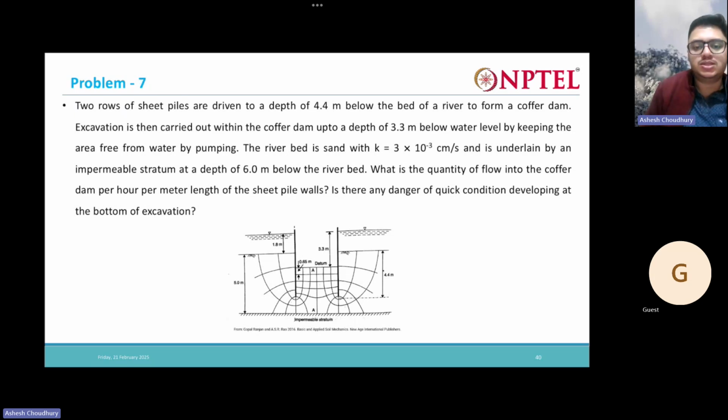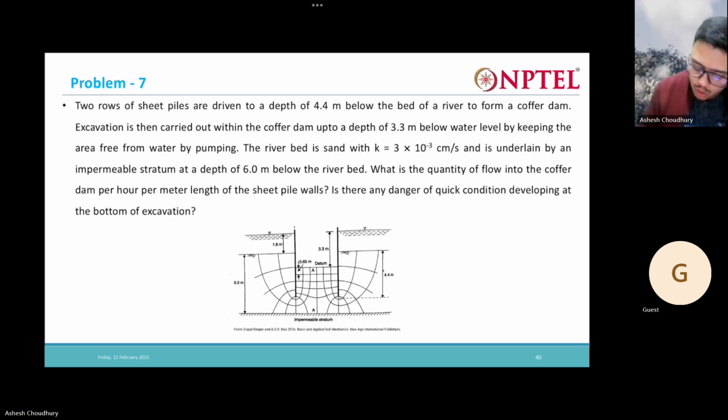The riverbed is sand with coefficient of permeability 3 into 10 to the power minus 3 centimeter per second and is underlain by an impermeable stratum at a depth of 6 meters below the riverbed. What is the quantity of flow into the cofferdam per hour per meter length of the sheet pile walls? Is there any danger of quicksand?